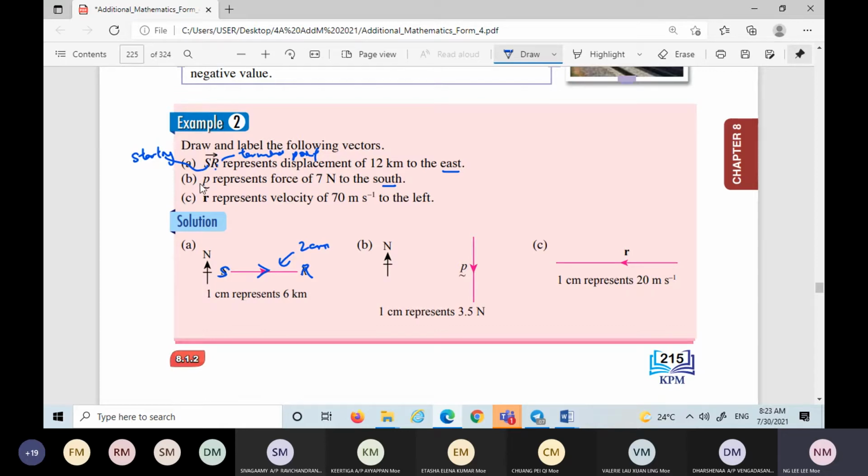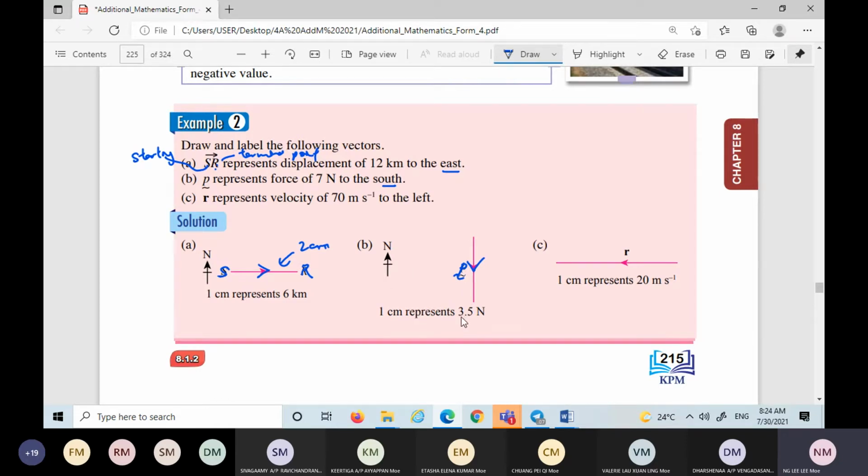Now we go to B. You see, we don't label with two capital letters; we label with a small letter. This one is easier. Represent a force of 7 Newtons to the south. You just draw a line pointing to the south, label it with a p, and then the curve at the bottom. Then write what 1 centimeter represents.